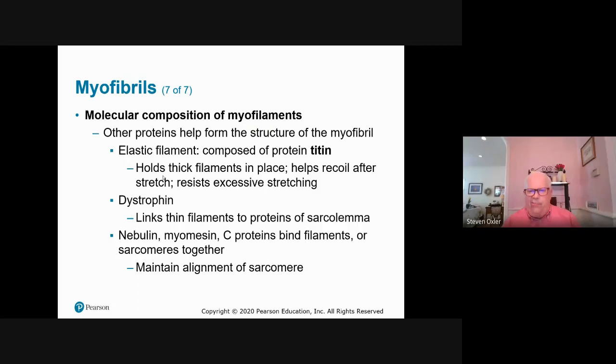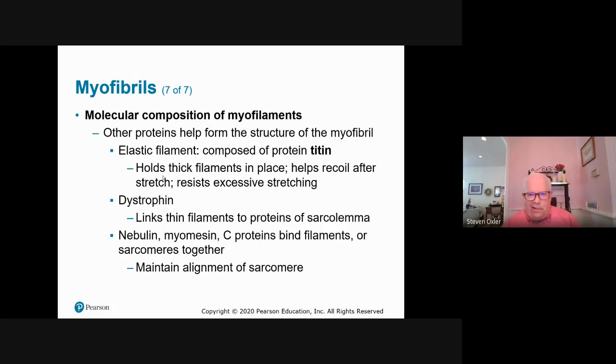They have other proteins, and there are two other proteins that you have to remember. One of them is titin, another protein that begins with T. Titin is the elastic protein. It holds the thick filaments in place. It allows the muscle to stretch.